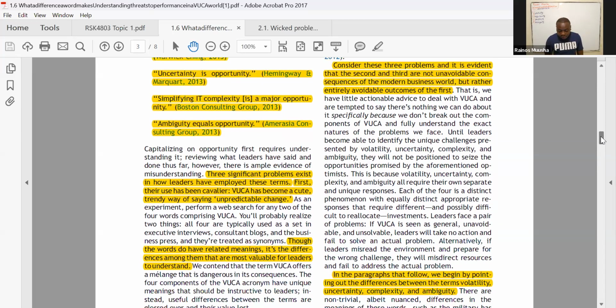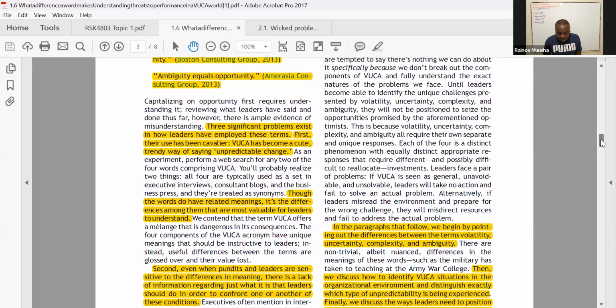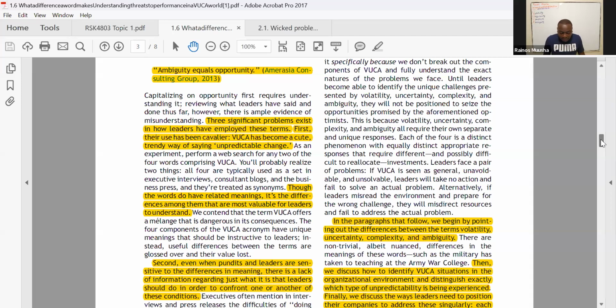So 3 significant problems exist in how leaders have employed these terms. First, their use has been cavalier. That is, VUCA has become a cute, trendy way of saying unpredictable change. Though the words do have related meaning, it's the difference among them that is most valuable for leaders to understand.